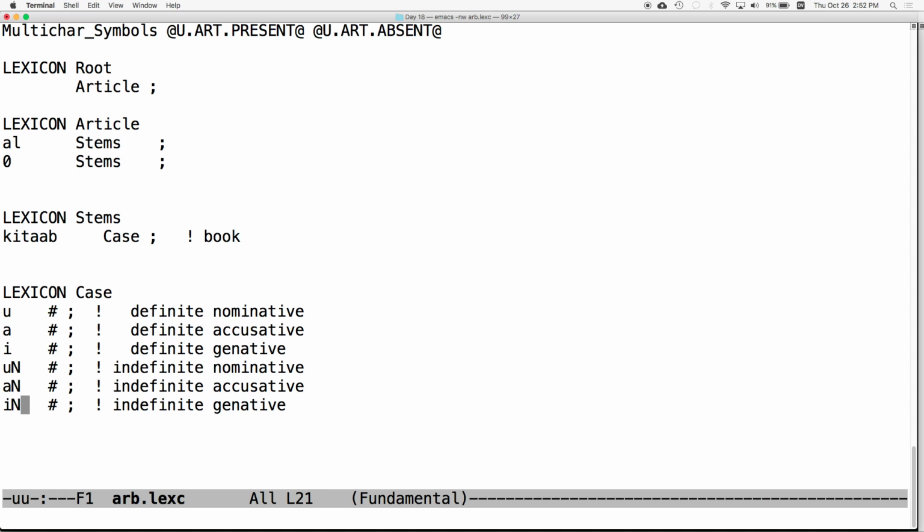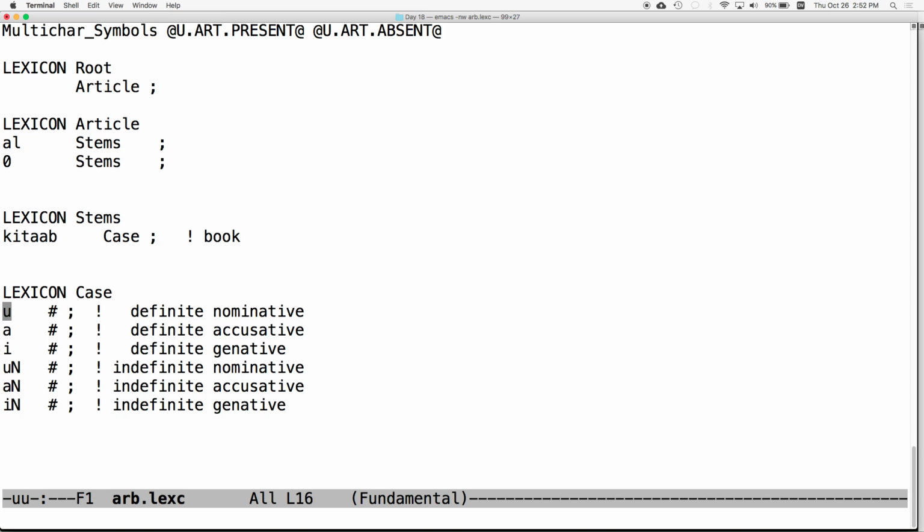Okay. All right. So now the question is, how do we prevent a word like al-kitabun? How can we prevent al from occurring with the indefinite suffixes? So let's do it the old way, and then we'll try it the new way.